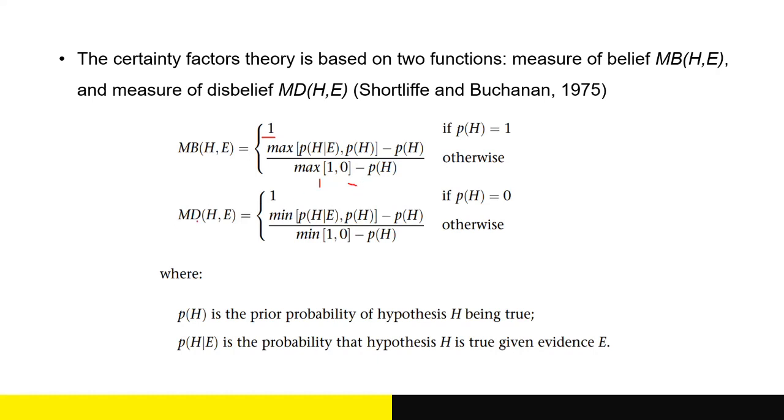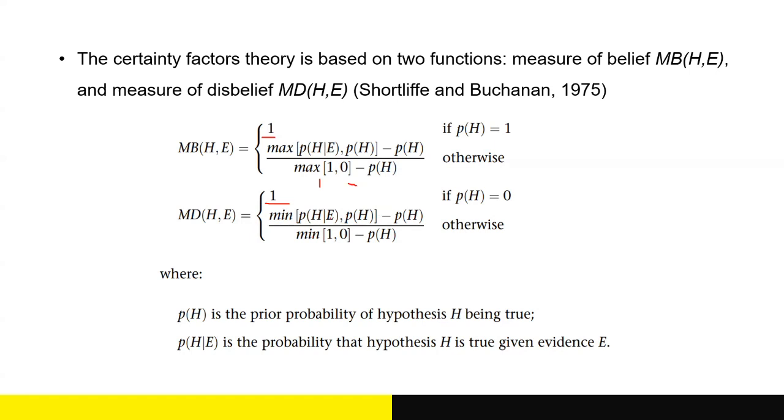And then the measure of disbelief of hypothesis given evidence is equal to, so if the prior probability of hypothesis is equal to 0, it means that you're absolutely certain that the hypothesis is false, then it would return 1. Otherwise, it would take the minimum value of the probability of hypothesis given evidence and prior probability of hypothesis, minus prior probability of hypothesis.